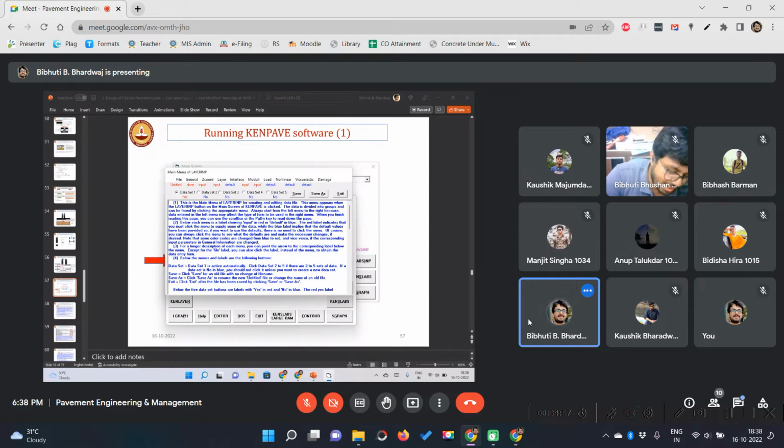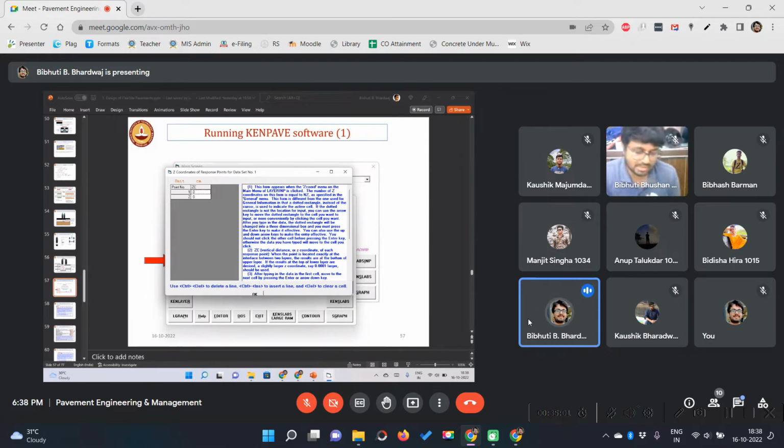Second, I mean untitled, done, then input. Now it is asking the coordinates, the Z coordinates. What are the variation in depth? You will tell me point number 1 and point number 2. Sir, 1 point is 15, second point is 60.